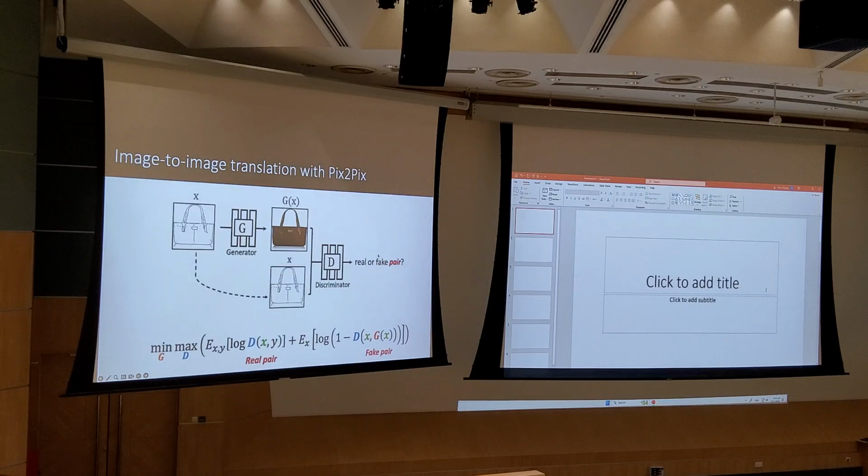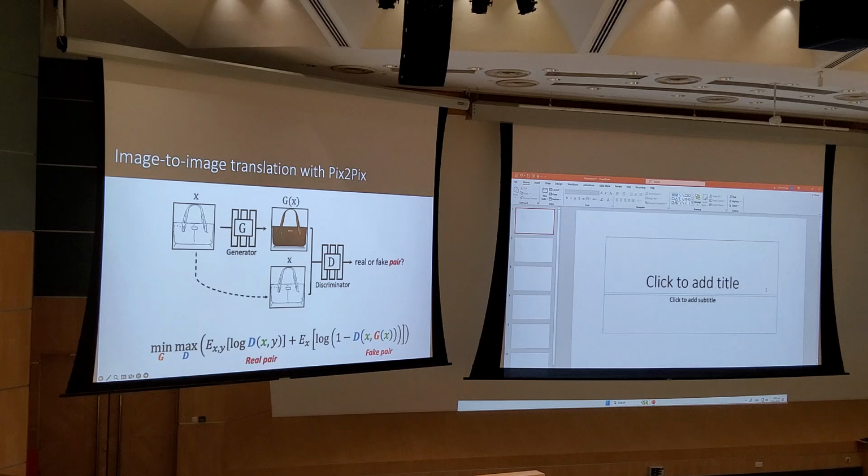So what Pix2Pix tries to do is that instead of having the discriminator just looking at the RGB image produced by the generator, it also needs to have knowledge about the original input to the generator.